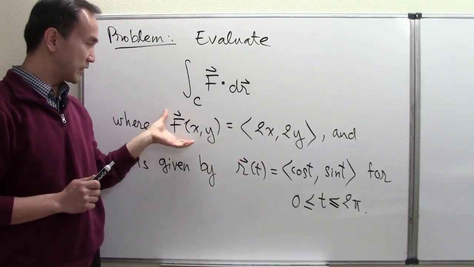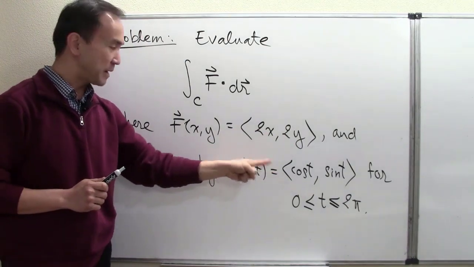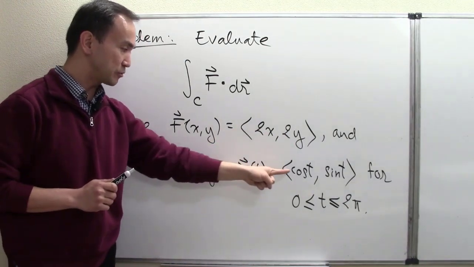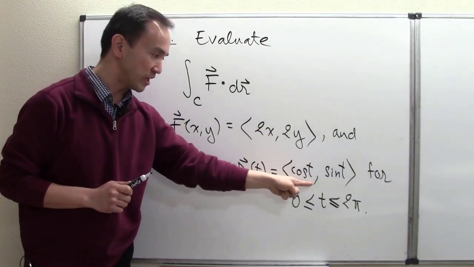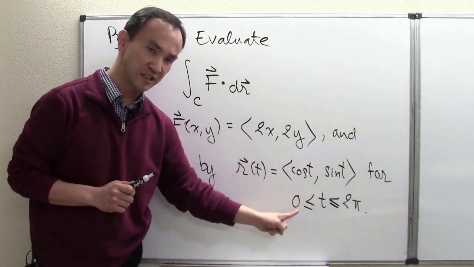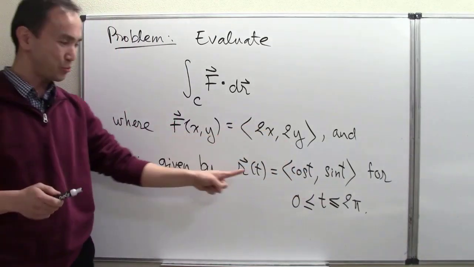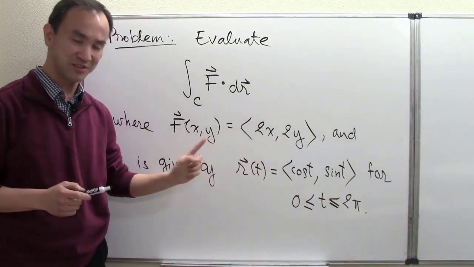So we have the vector field <2x, 2y>, and our path is the parametric system cosine of t and sine of t, where the variable t changes from 0 to 2 pi. And that's what makes this problem special.